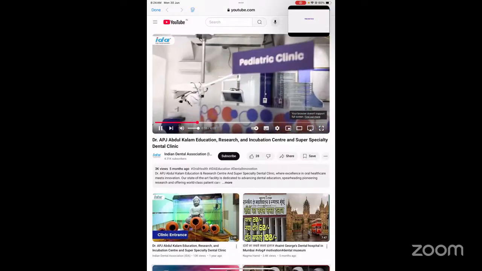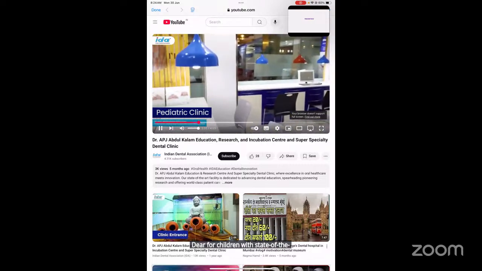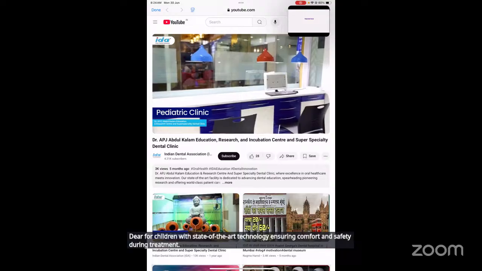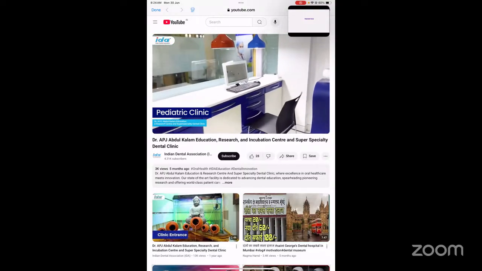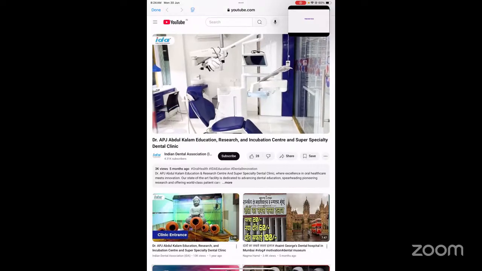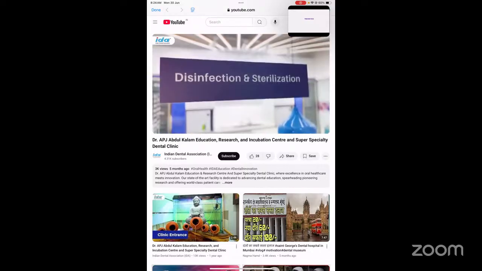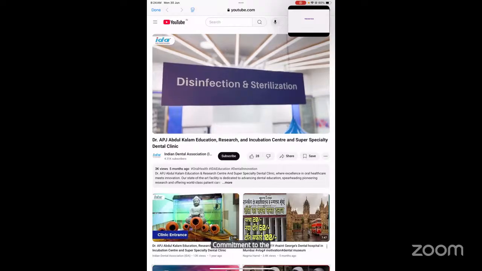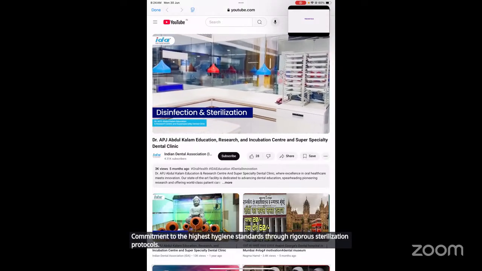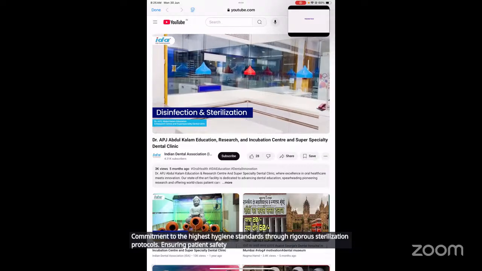Tailored for children, with state-of-the-art technology ensuring comfort and safety during treatment. Commitment to the highest hygiene standards through rigorous sterilization protocols, ensuring patient safety at every step.